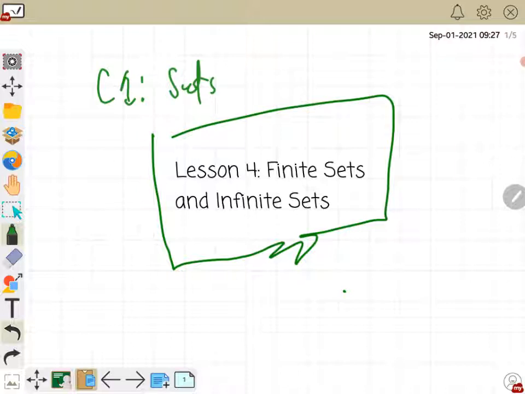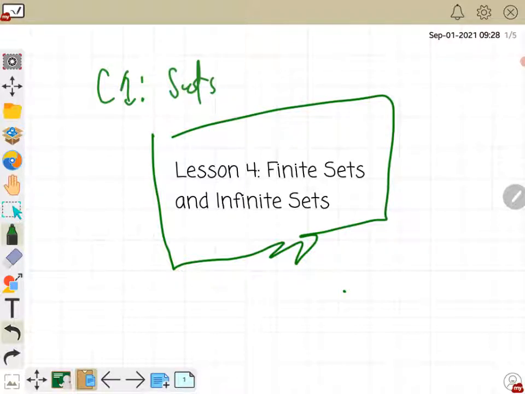In lesson 1, we talk about how do we determine if a certain collection can be considered a set or not. In lesson 2, we talk about how do we define a certain set in two ways, and that is the set builder notation and the roster method.